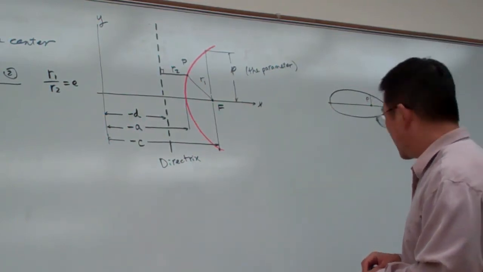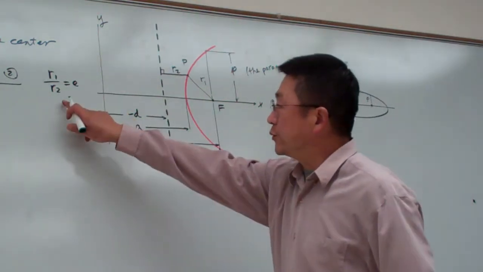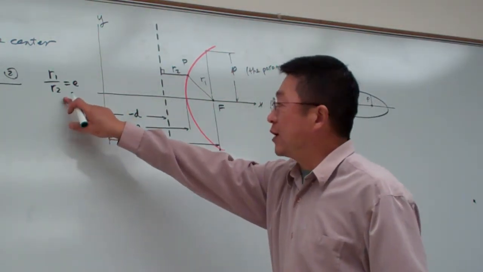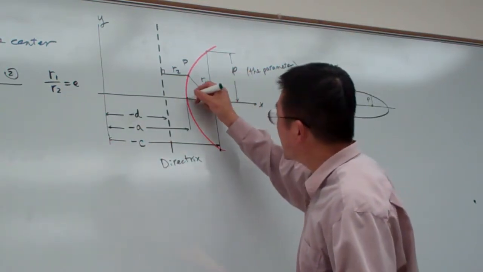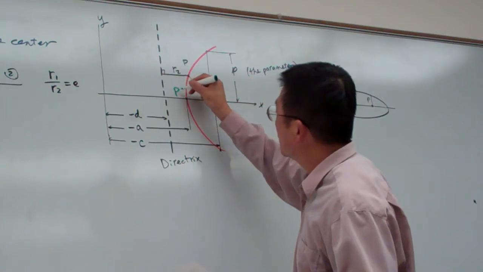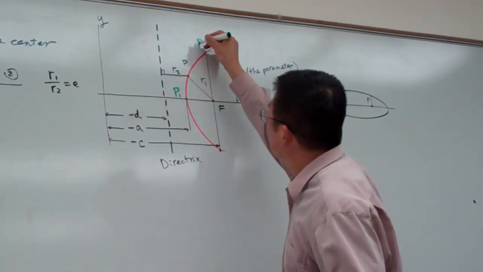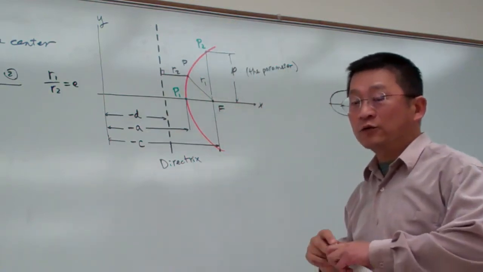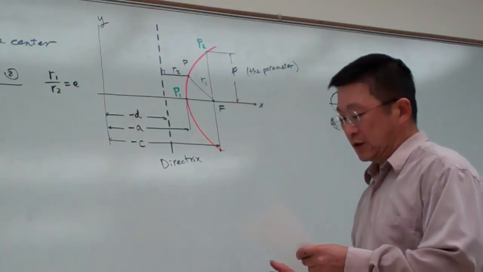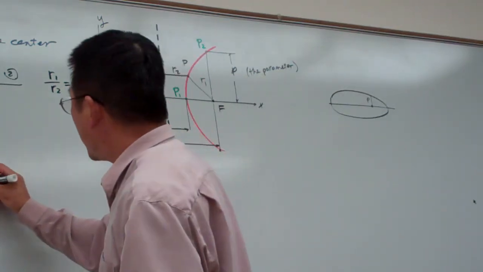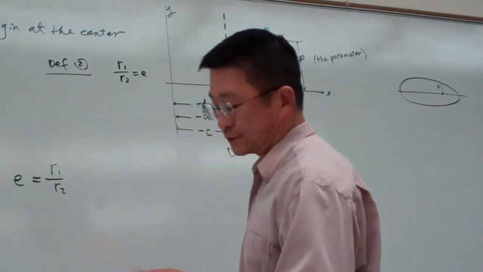So with these things in mind, we repeatedly apply this property to two particular points, one is P1 here and the other one is P2, and I want to derive useful properties for our calculations. So R1 over R2 equals e.